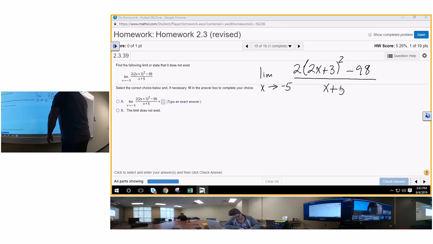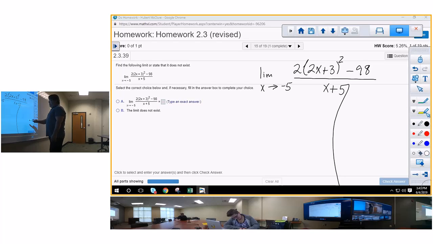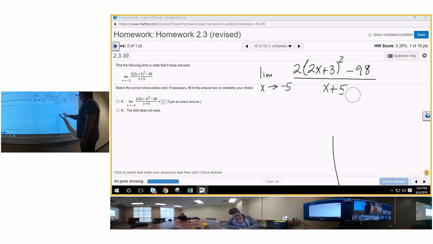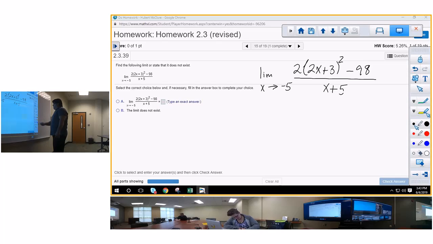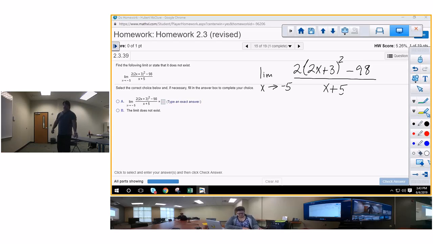X plus 5. Okay, why can't we just plug and chug here? Because you get a 0 in the denominator. So you can't factor. So what do you do? Well, does anybody see a shortcut?